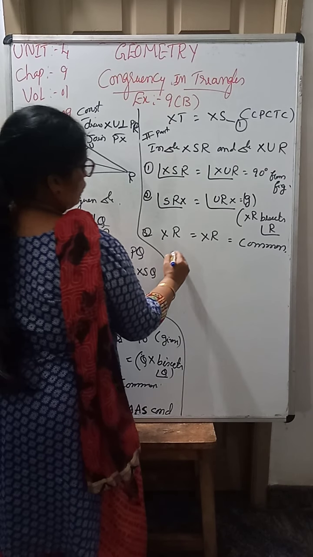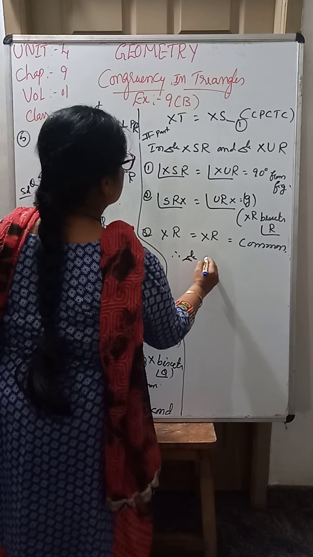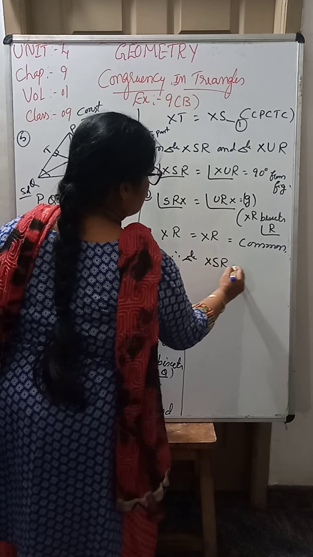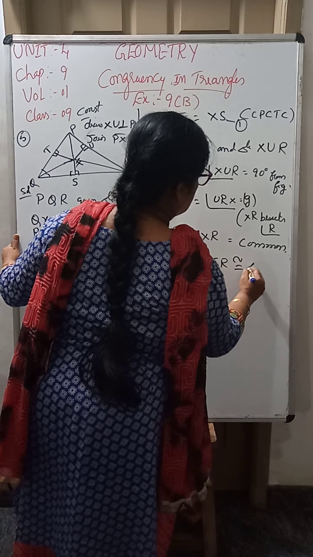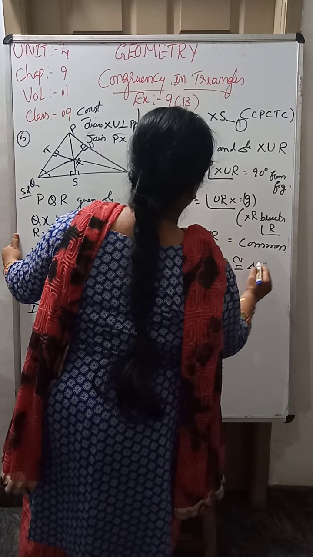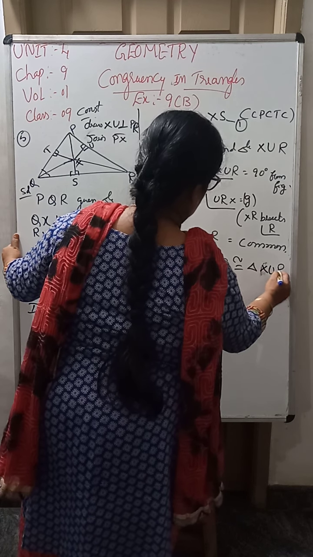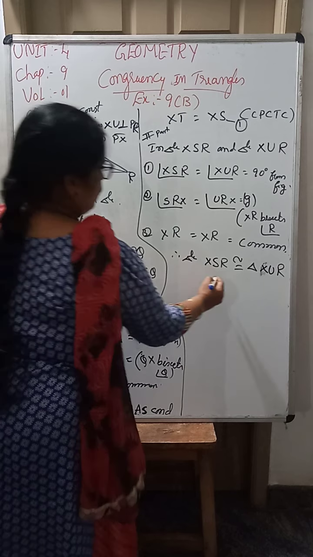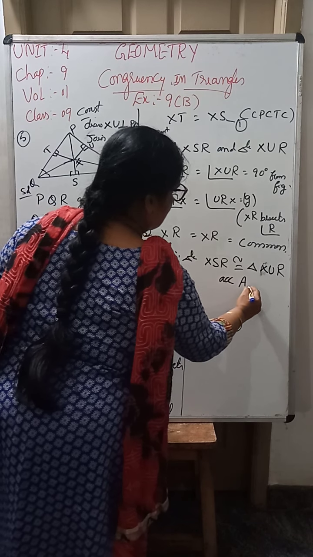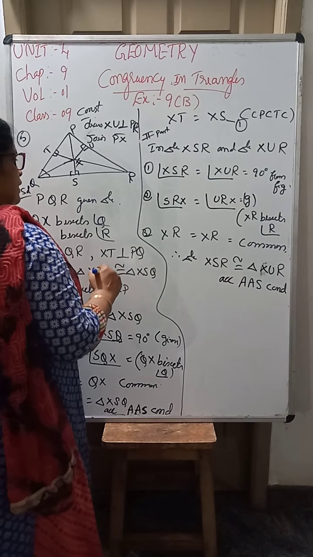Therefore, triangle XSR is congruent to triangle XUR according to the AAS condition, as usual what we got in the first case.